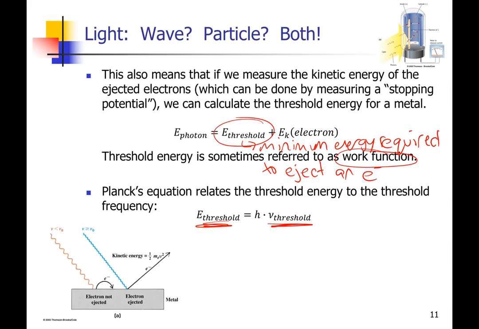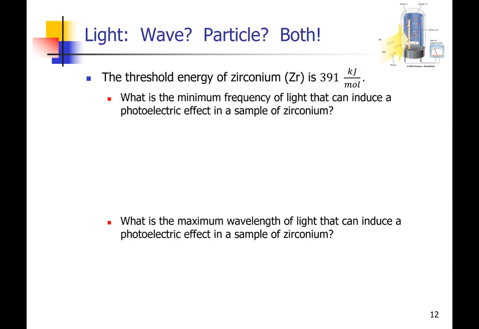So how do we calculate all of this? Well, in this question, we've actually been given the threshold energy of zirconium. Now note that we have been given this in kilojoules per mole. So this is not the energy required to eject one electron from one atom. This is the energy required to eject 1 mole of electrons from 1 mole of atoms.